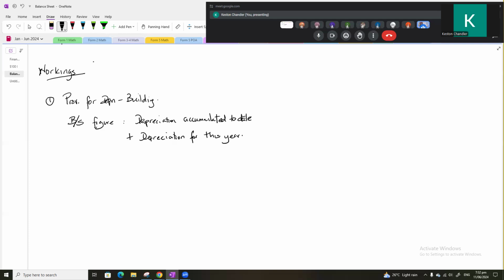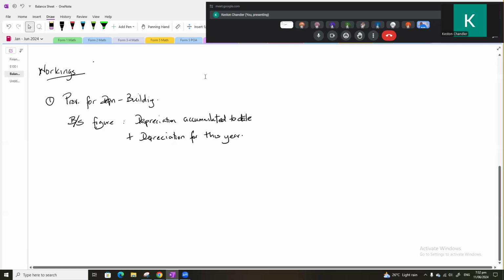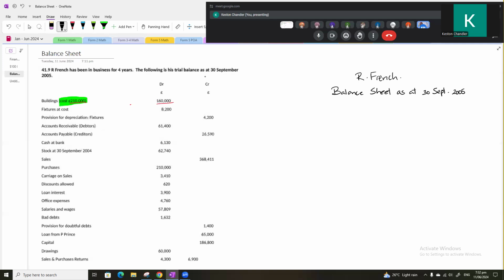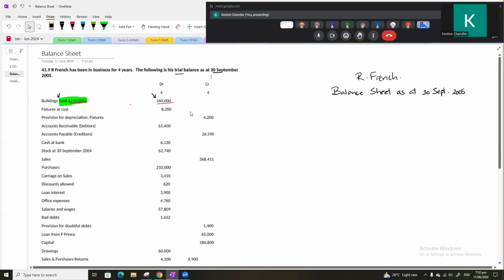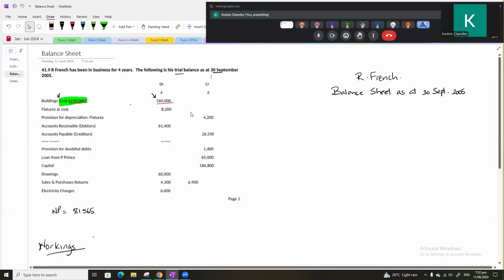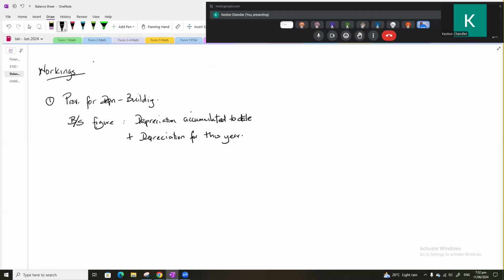right? Now, the depreciation accumulated to date, I mentioned, is the difference between the cost of the asset, which is 210,000, and what we listed it as in our trial balance at the 30th of September 2005. So it was listed at 160,000, and the depreciation to date would be 210 minus 160.